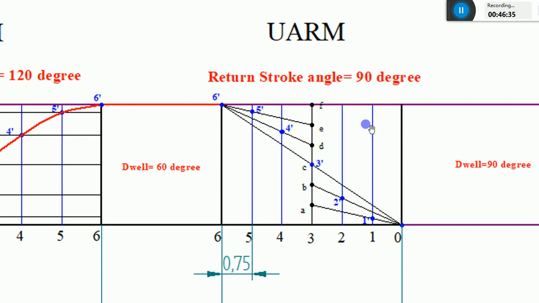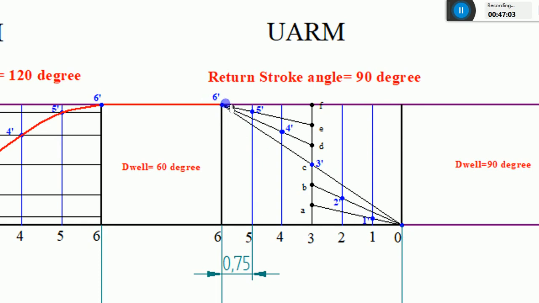Similarly, the last line is the vertical line number 1. It will intersect with this inclined line which has started from point A at this point, 1 dash. It means all these are the intersections between the 6 vertical lines and the 6 inclined lines as shown in this figure.